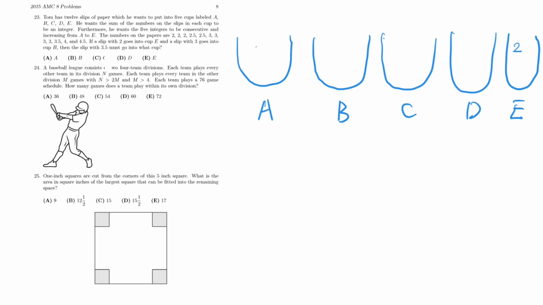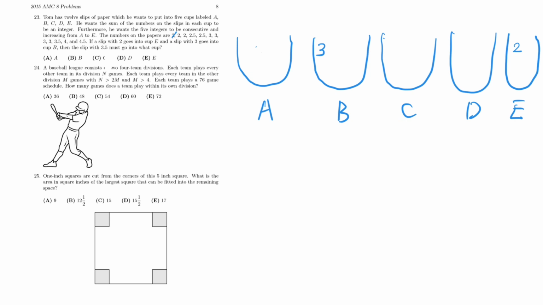And the slip with 3 goes into cup B, so B has 3. Now they ask where 3.5 must go.